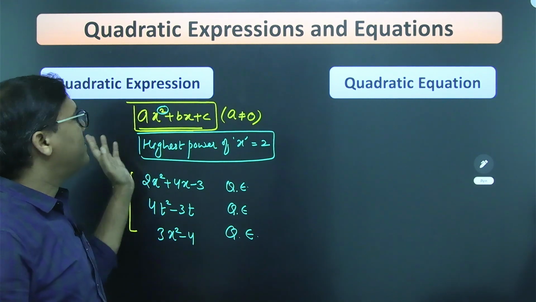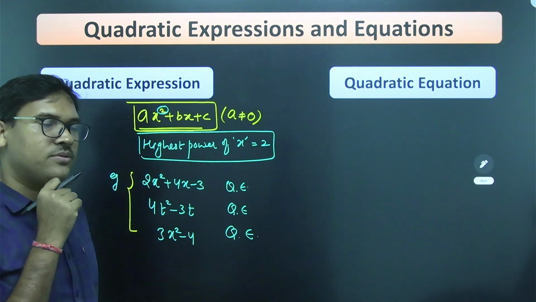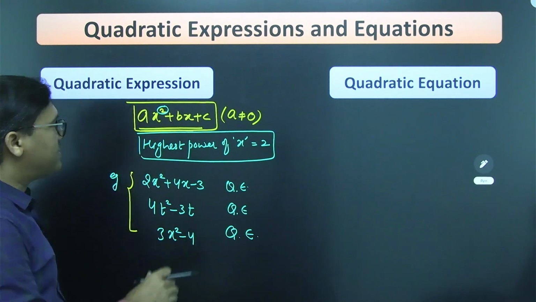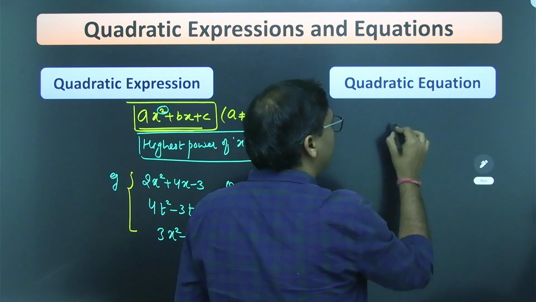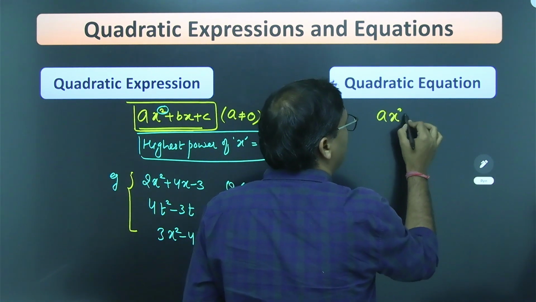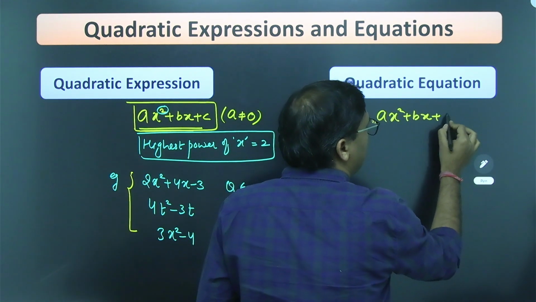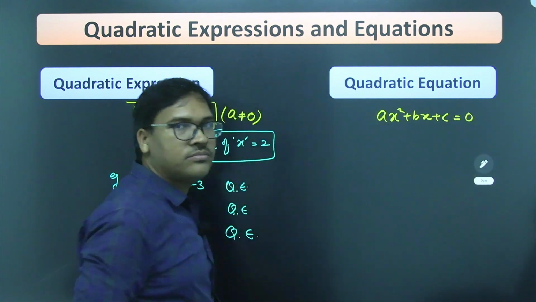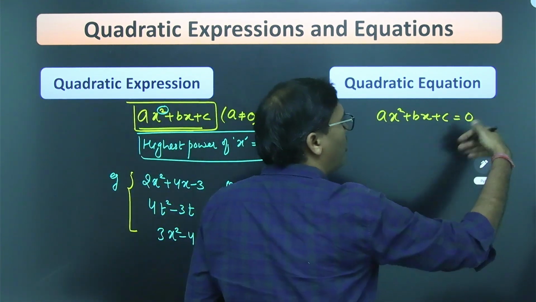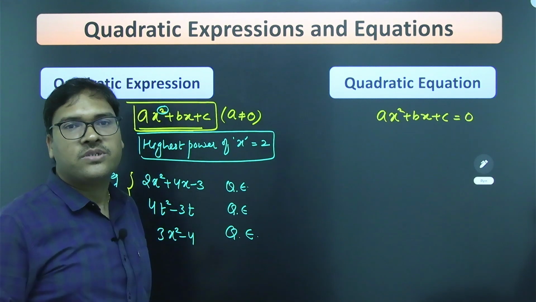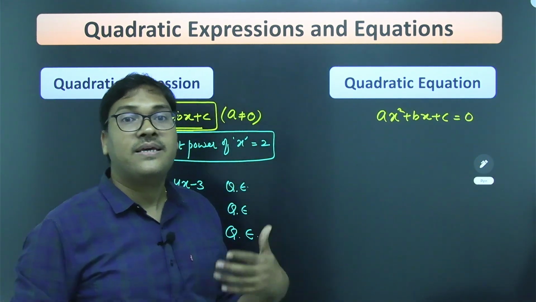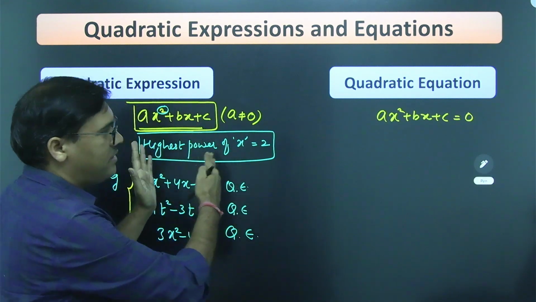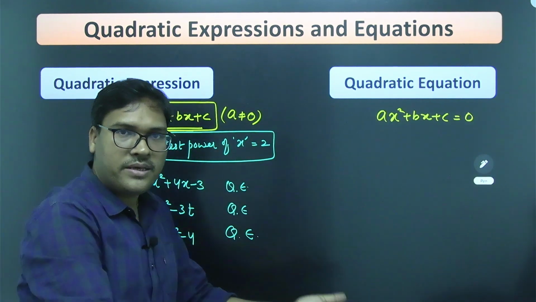Now what is the difference between an expression and an equation? Just remember this: an expression is just ax square plus bx plus c. Now if this is equal to something, for example, ax square plus bx plus c equal to 0, or maybe it may be equal to 1 or maybe 2, this type of expression equal to something is called a quadratic equation.